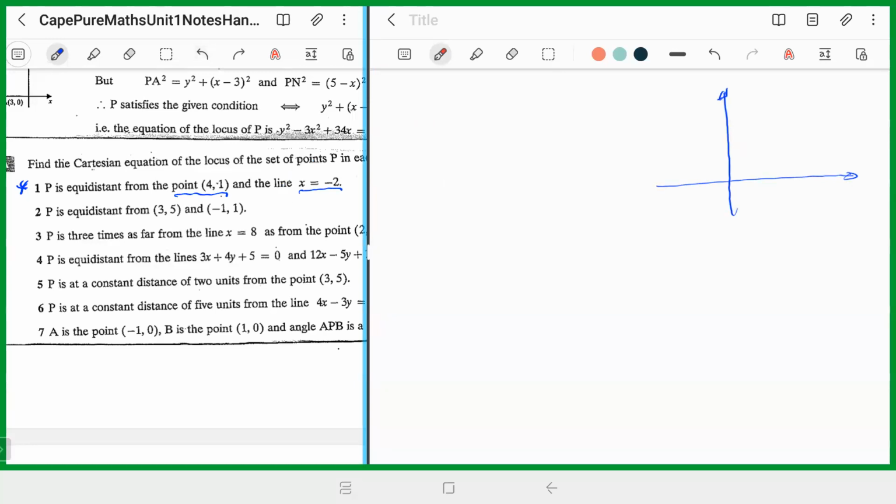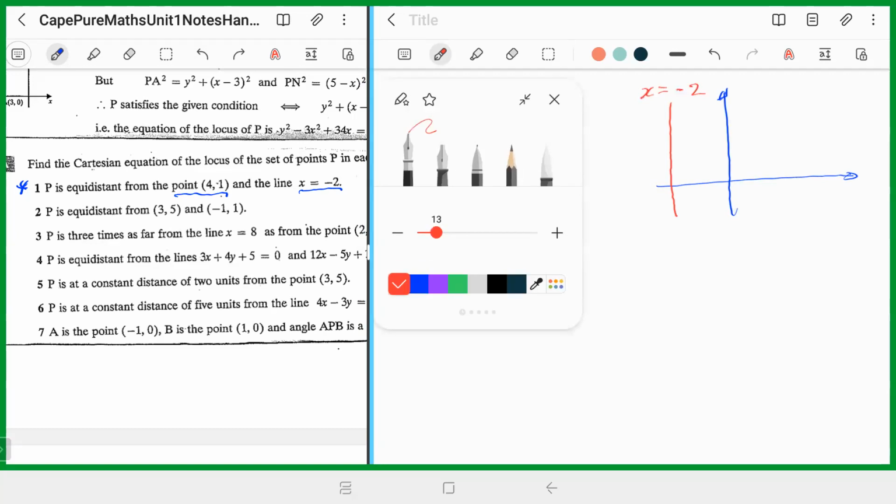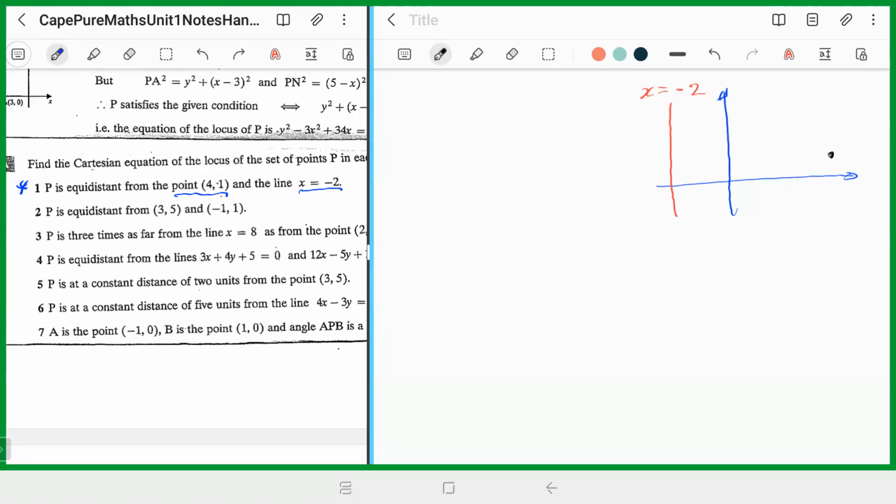I'll put the line x equals -2 over here. And then this point (4, 1), I'll put it over here, maybe right here. Let's put on that point in black. Let's call it A, so we can reference it.